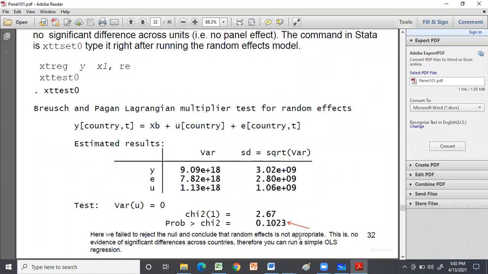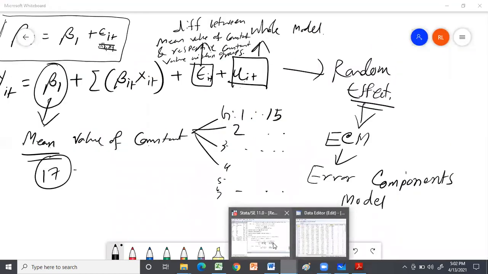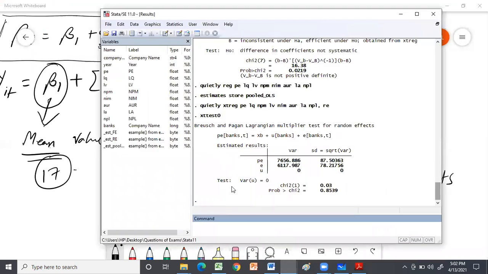So the null hypothesis assumes random effect is not better than OLS, or to put it very simply, the null hypothesis assumes pooled OLS is better than random effect. The alternative hypothesis assumes random effect is better than pooled OLS, right? Yes, sir. Okay, so that is the conclusion we can draw from this LM test for random effects.